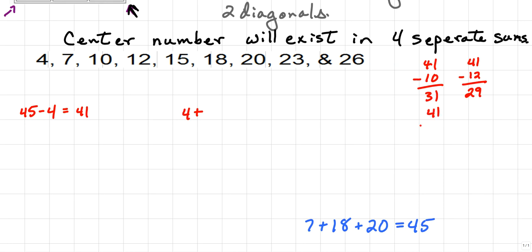So we'll try 41 minus 15, and we'll see what that gives us to see if that has a number that's in our list, and that would be 26. And once again, that number exists right here. So I know that 4 plus 15 plus 26 will be equal to 45.